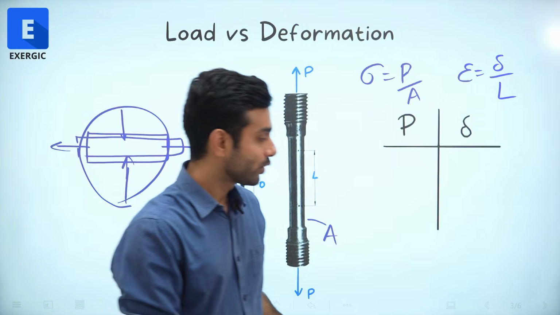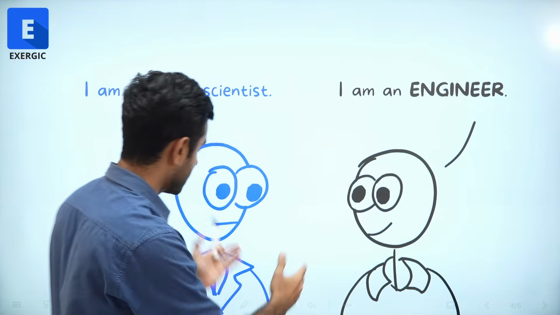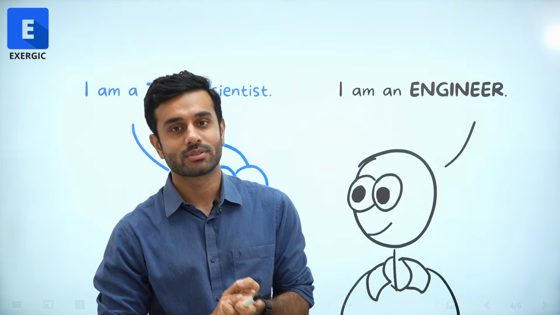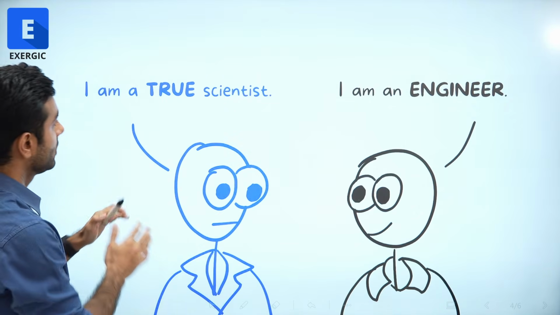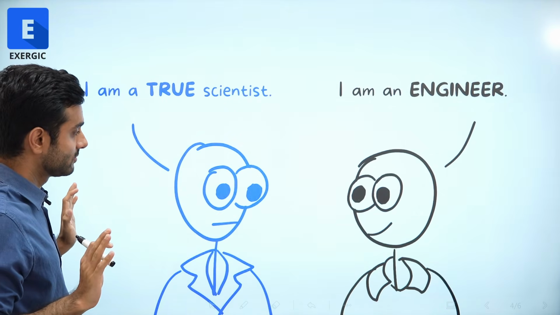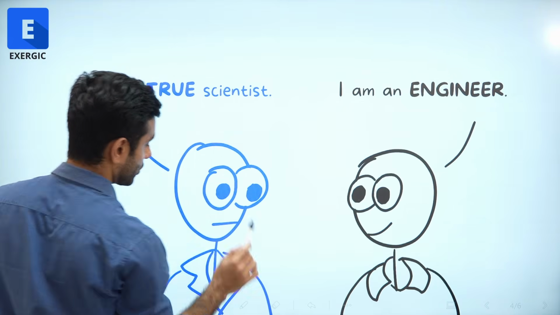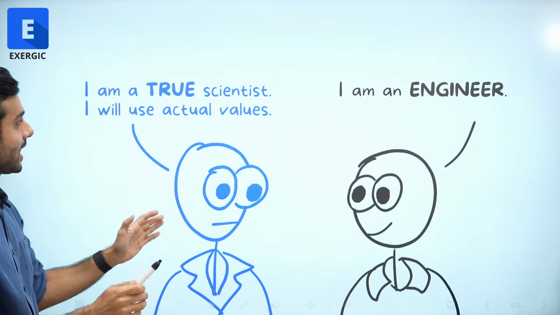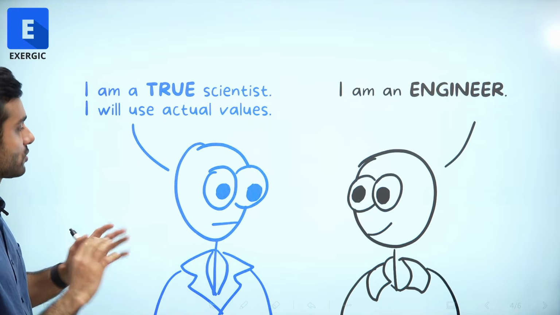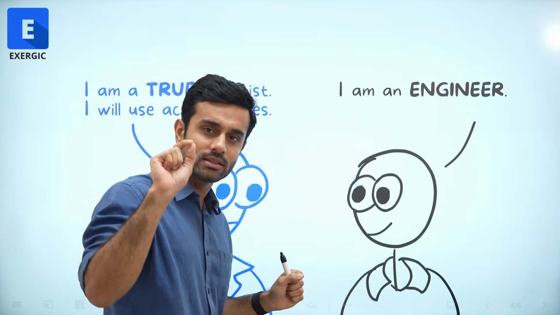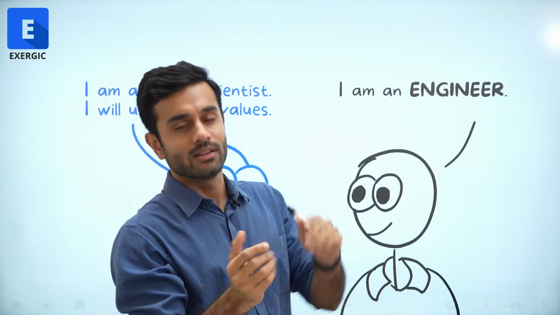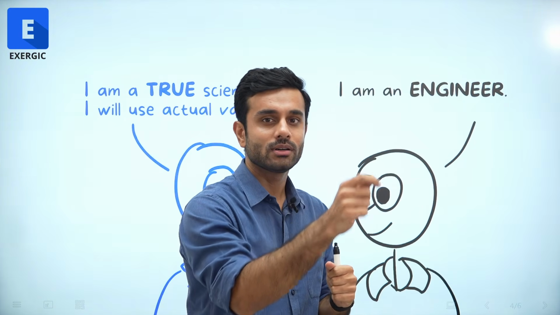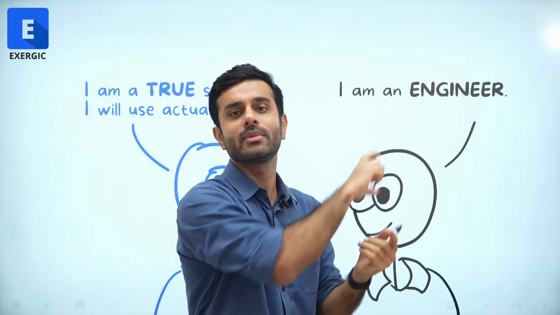There are two approaches here, and these two guys are discussing which approach to use. This one is a true scientist. What does he want to do? The true scientist wants to use the actual values. He's saying, I am a true scientist, I will use actual values. At every instant, wherever we are measuring, movement is happening, and after a few minutes or seconds we are taking the measurement.